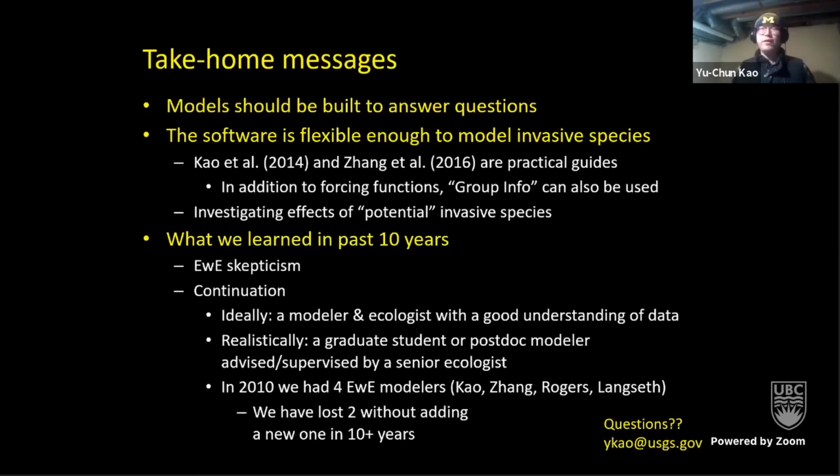I don't have a very good answer to that. The thing you can do is to simulate more scenarios so that you can have a bulk or an envelope of possible futures. That is also very helpful. Yeah, for ground truth, that's challenging. It is really challenging. To date, we still don't know how much quagga mussel we have in the Great Lakes, for example. It has been 20 years.